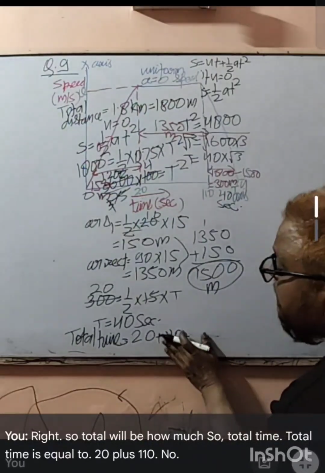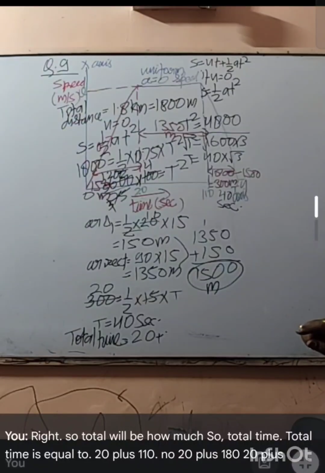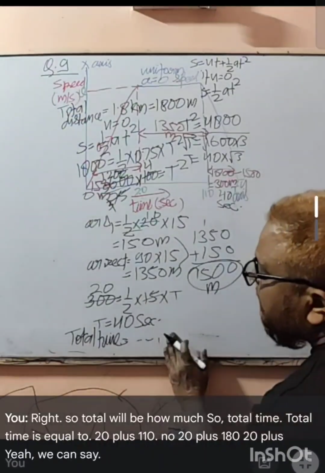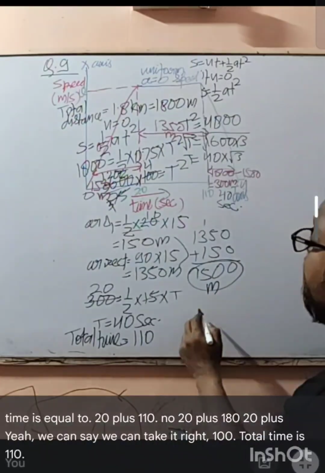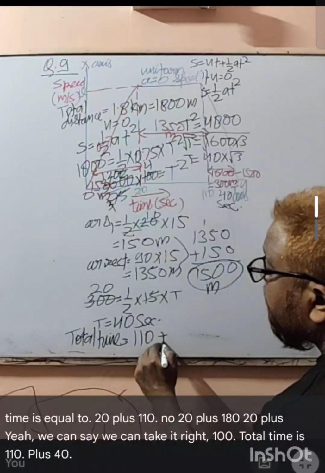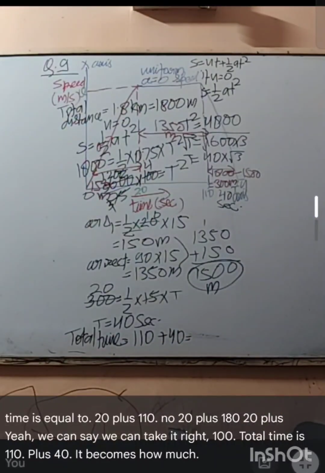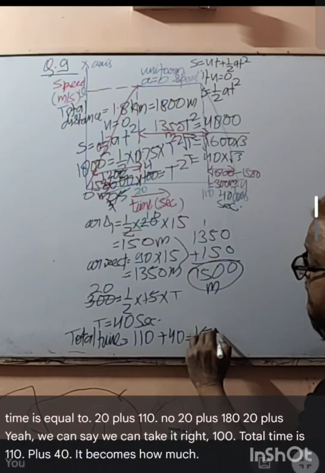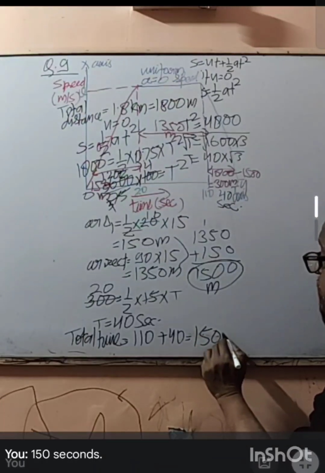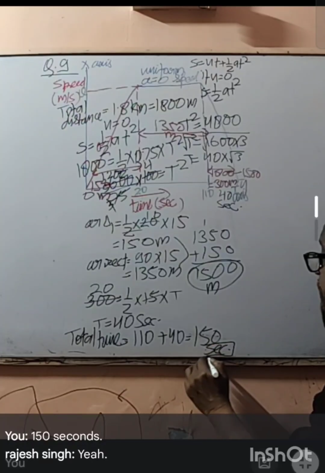We can take it as 110, total time is 110 plus 40. It becomes how much? 150 seconds. Shreya? Yeah. 150 seconds.